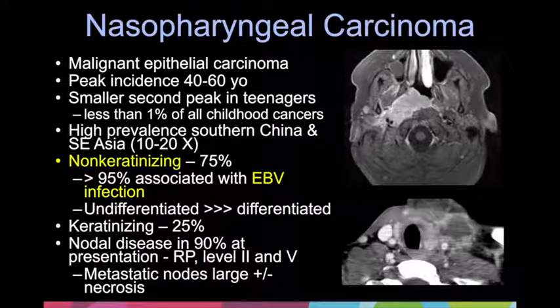In teenagers, the lesions tend to be large at diagnosis, and many have cervical nodal disease at the time of presentation. When metastatic nodes are present, they're frequently large and may be necrotic, as we see in this patient, with a right-sided nasopharyngeal carcinoma who presented many years later with metastatic contralateral necrotic disease.